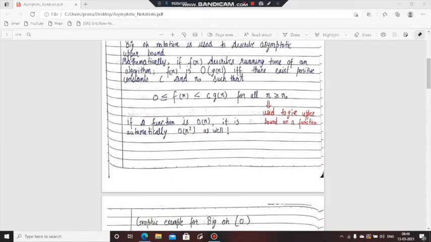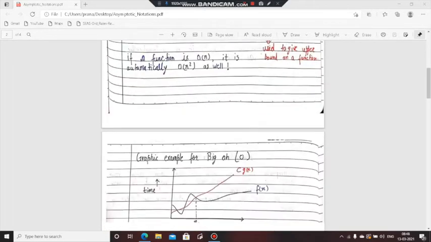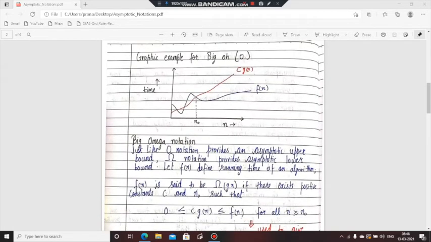After the point n naught, if the function g(n) always stays above f(n), that is, it is the upper bound of f(n), that speaks for the answer.